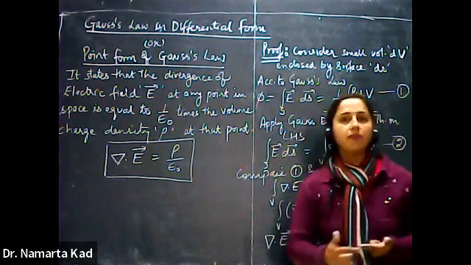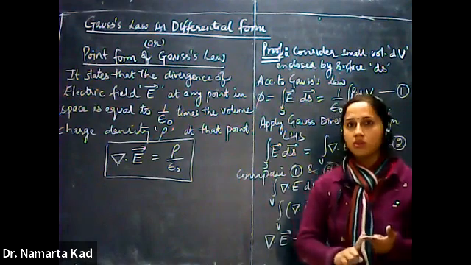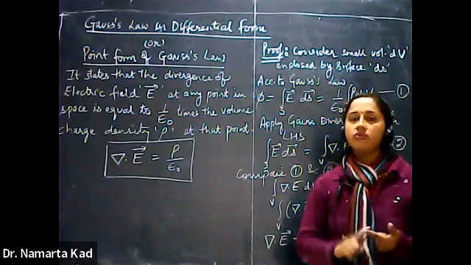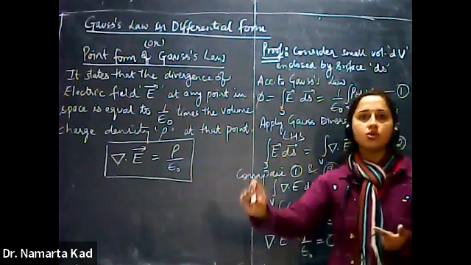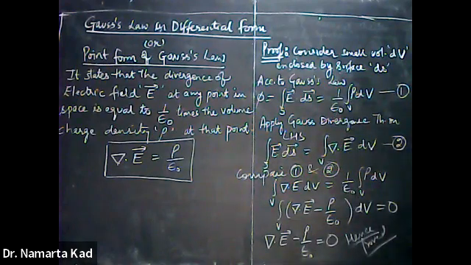So this is the limitation: it cannot be applied on a non-Gaussian surface, and it can be applied only when the surface completely encloses the volume. So this is all about Gauss's law, its applications, its point form, and its limitation. This is complete about Gauss's law.